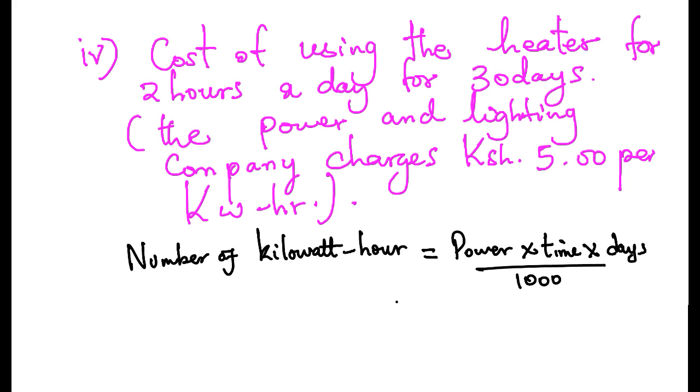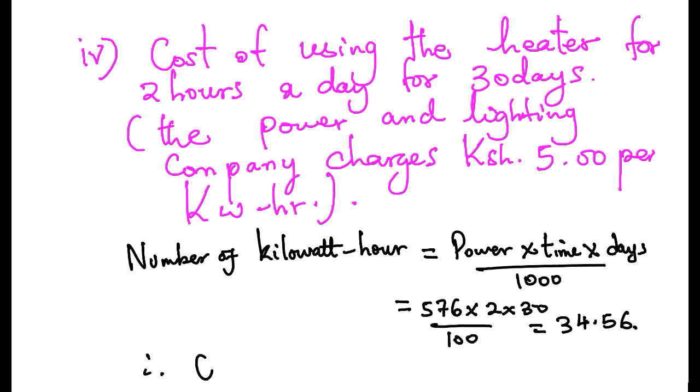In this case, when we substitute, we have 576 multiplied by 2 multiplied by 30 over 1000, which is 34.56.